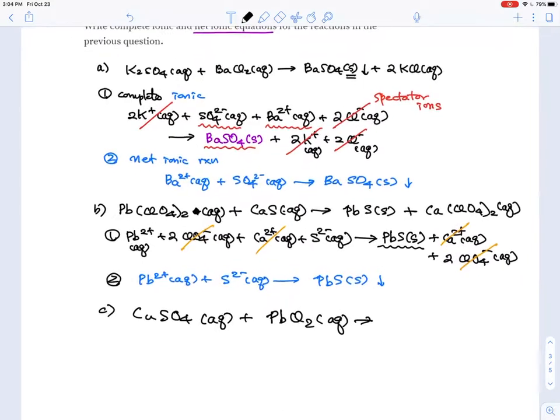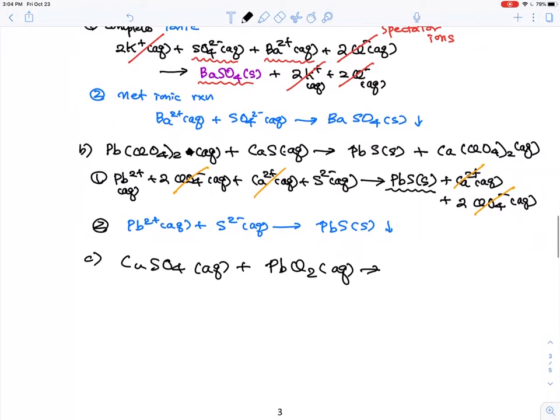And they form, I guess, the precipitate first, PbSO4 solid, and then what's left over is CuCl2 aqueous. Okay, so that will be the description of the reaction.